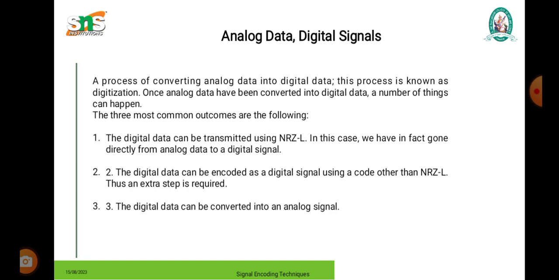In this case, we have in fact gone directly from analog data to a digital signal. The second outcome is that digital data can be encoded as a digital signal using a code other than NRZ-L, so an extra step is required. The third outcome is that the digital data can be converted into an analog signal.